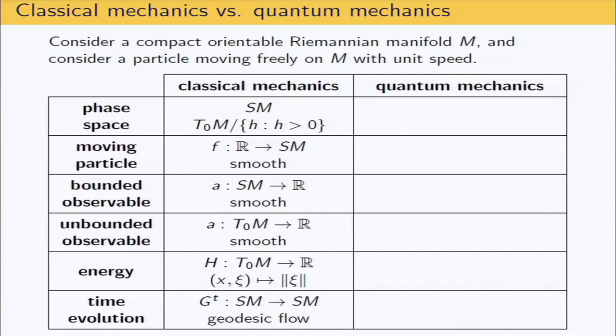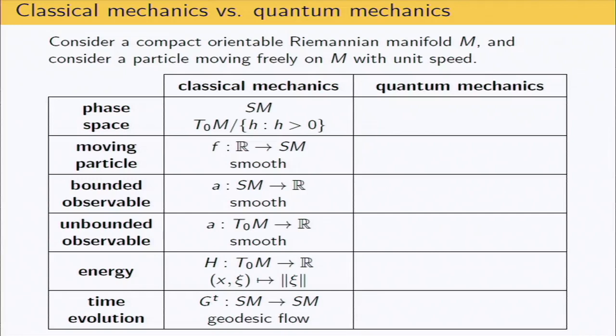Note that usually xi, or the length of xi, is interpreted as the momentum of the particle, so the usual kinetic energy in this system is usually xi squared, but here I consider the length of xi as the energy function instead of xi squared, so that the derivative of the energy is always a unit vector.